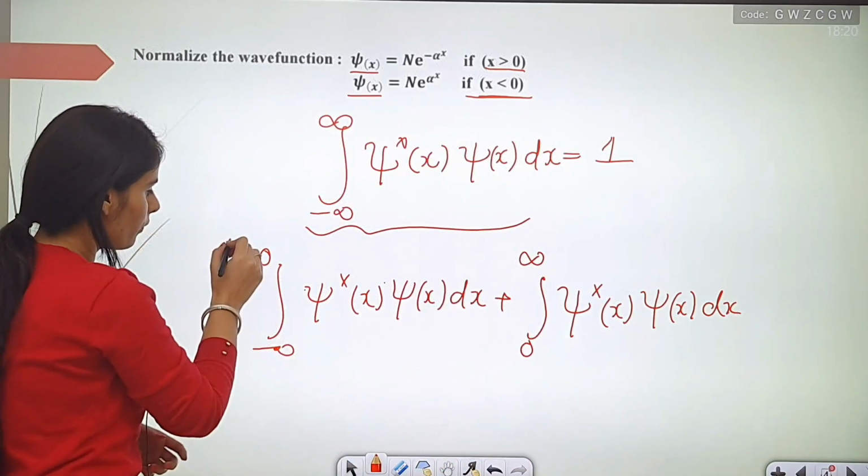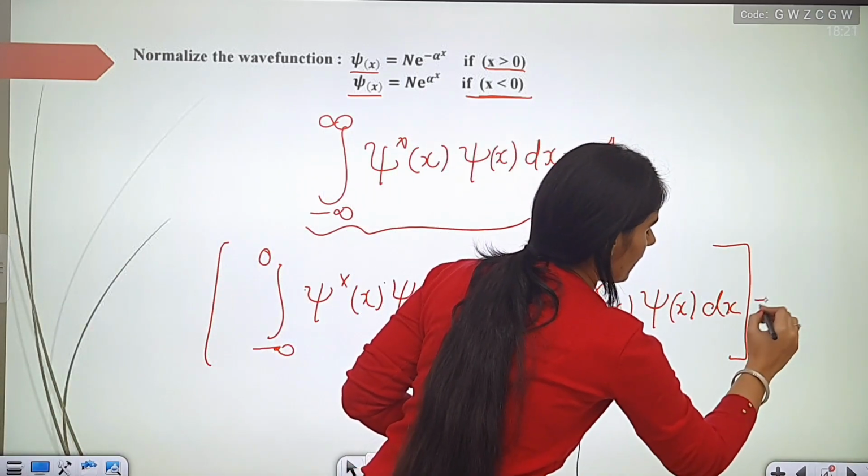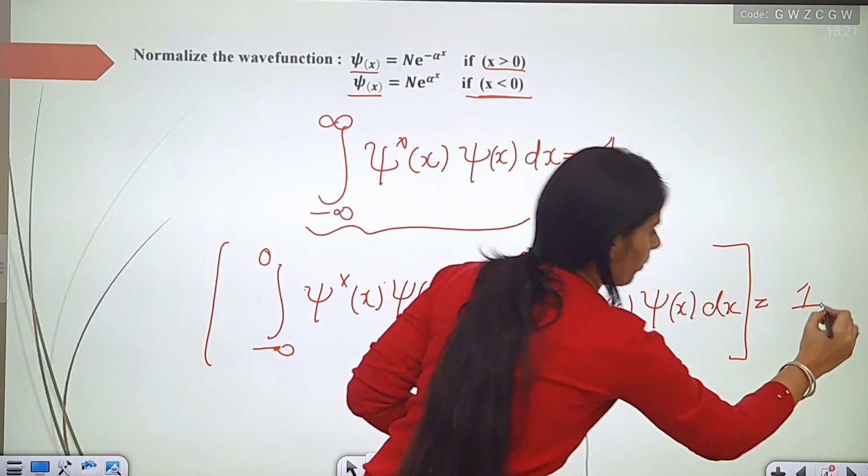This is how we separate our total probability, which is equal to 1.